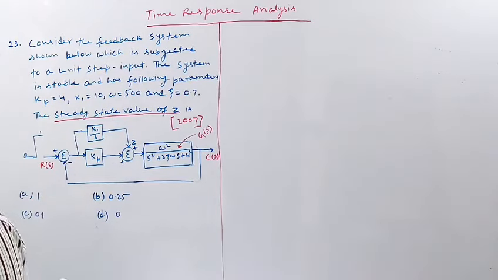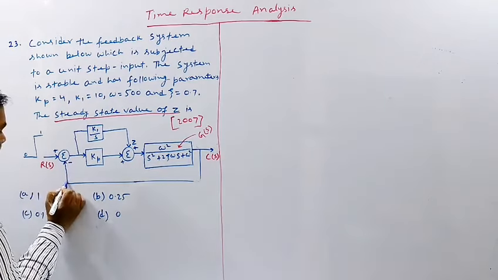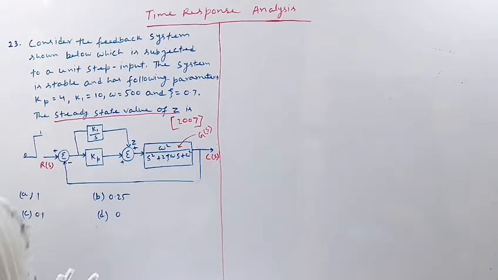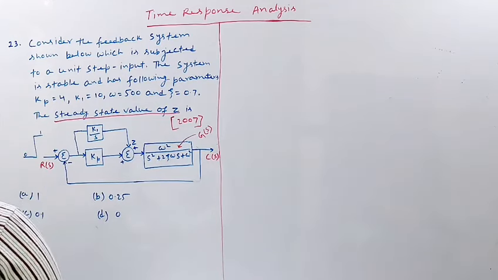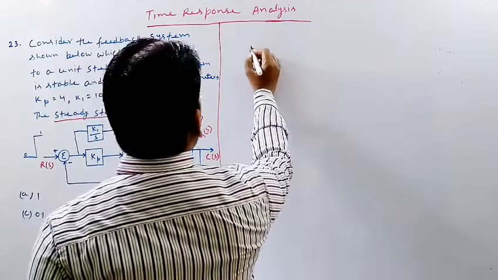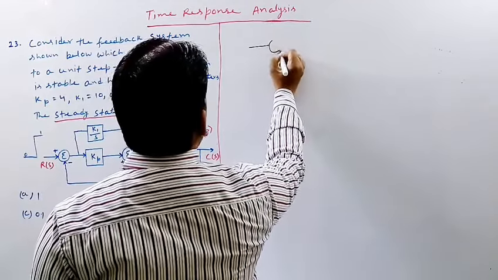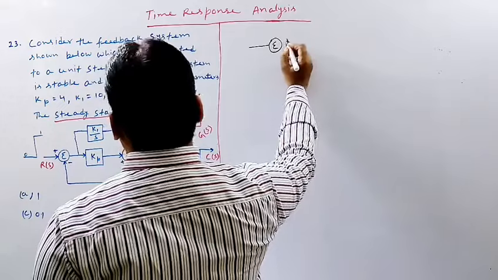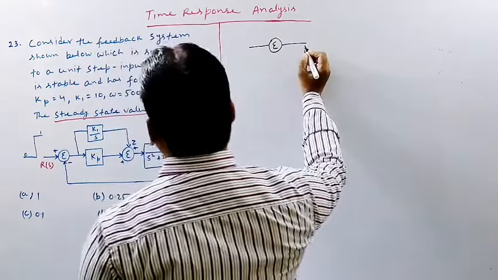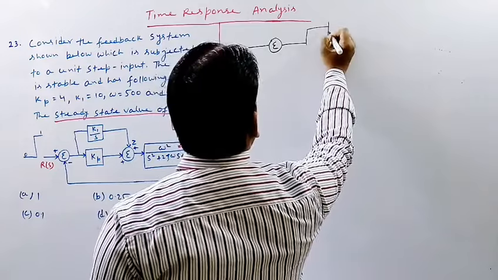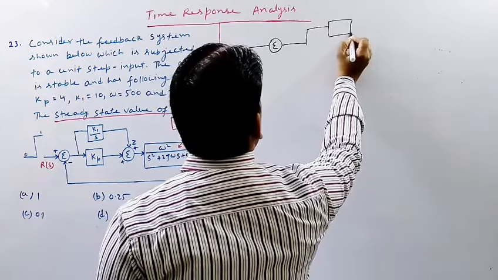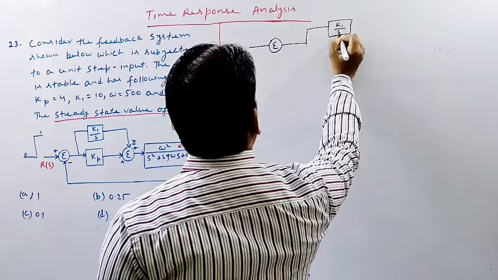Now let us try to make the loop again. So the loop is like this: here it is sigma, and this one is K1 by s.